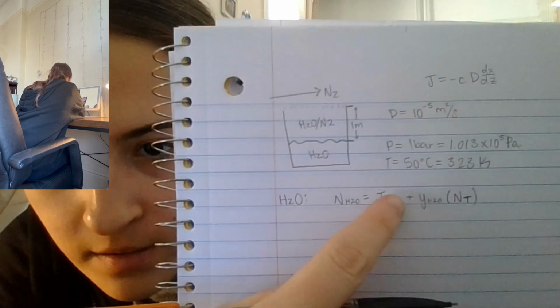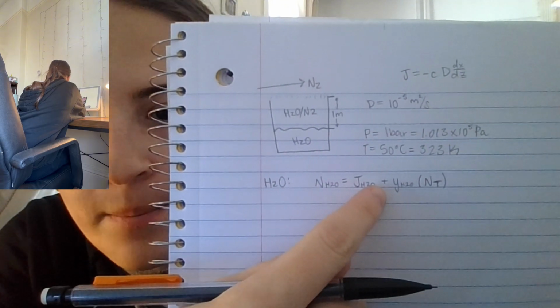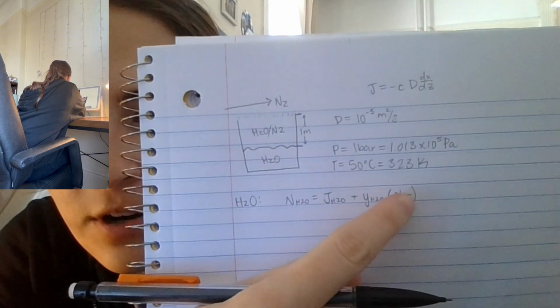So we have JH2O from Fick's law. We just have to plug in the H2O values here, and then we can also figure out the total flux, because we know that N total was equal to NH2O plus NN2.